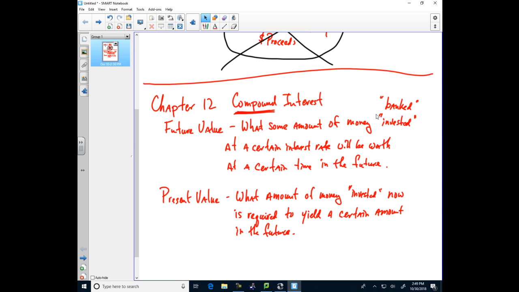So on these, you just want to think about what you don't know. For example, with future value, you know what you're starting with. You don't know what you're going to end up with, so that's future. Present value, you know what you want to wind up with in the future, but you don't know what you're starting with, so that's the thing you're looking for, the present value. And both of these are based on the concept of compounding interest.